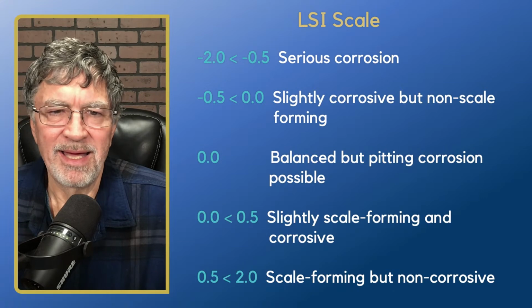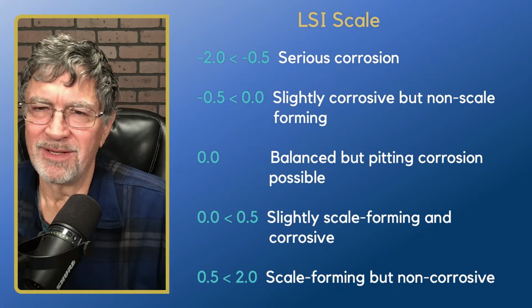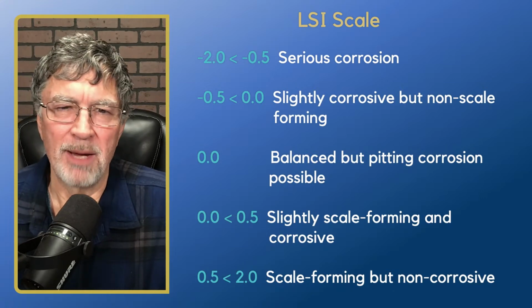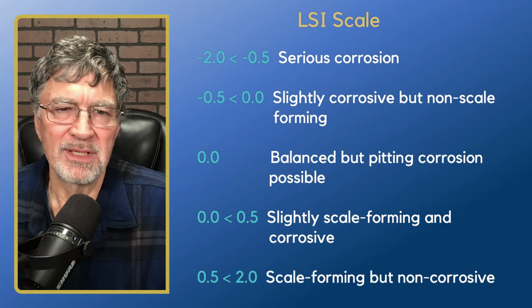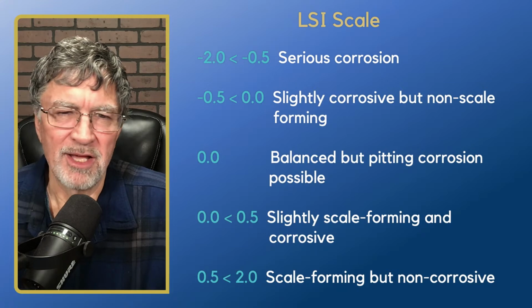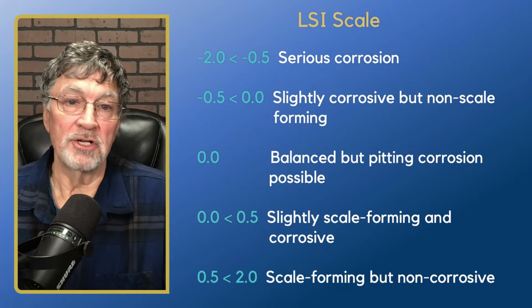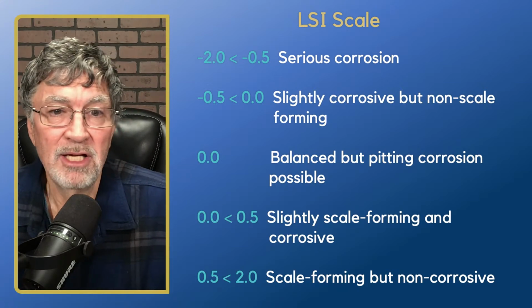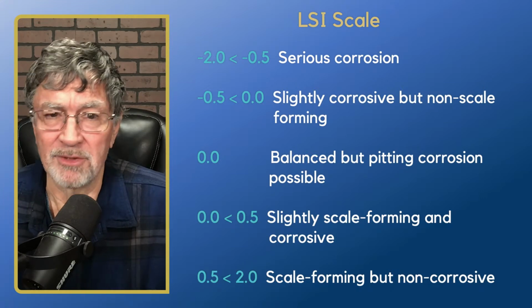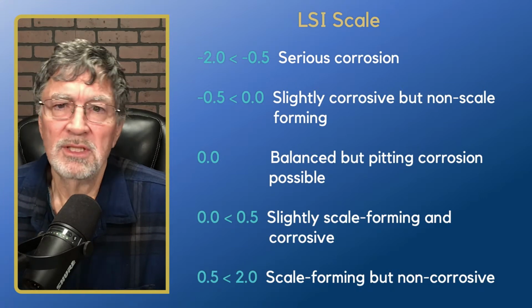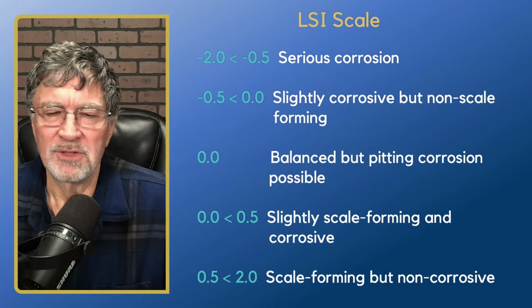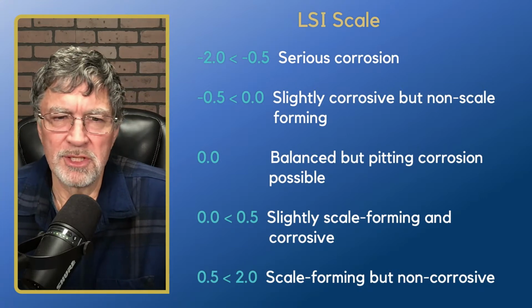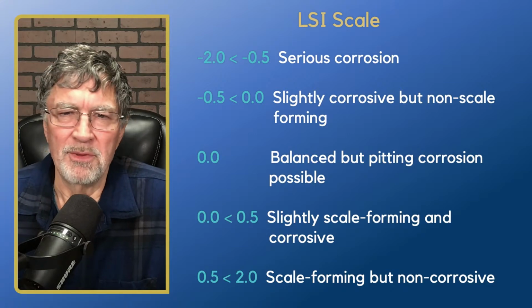In actual practice, corrosion is a complex topic, and calcium carbonate scaling can provide some degree of protection. I'm certainly not denying that, but it's not the primary factor in corrosion. So once again, using LSI as your sole measure to look at corrosion is probably not the best tool for that.